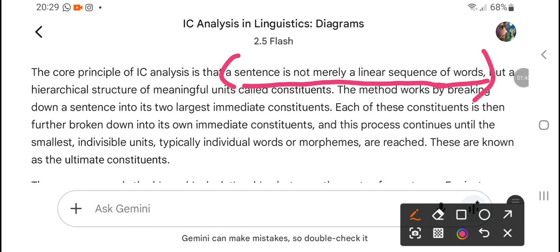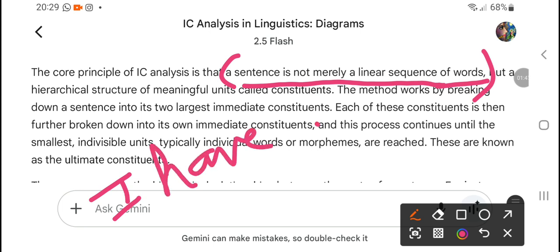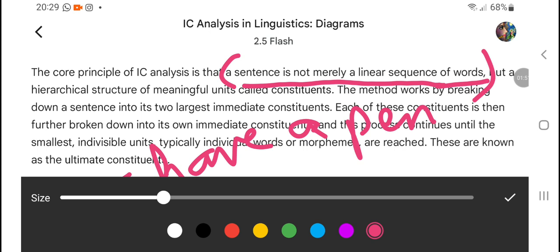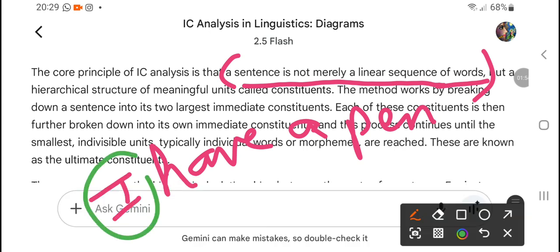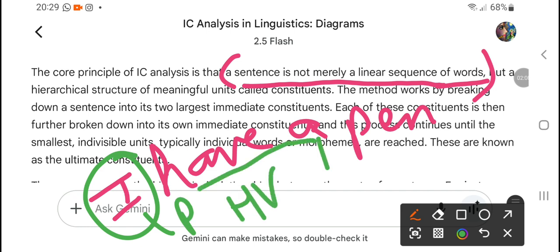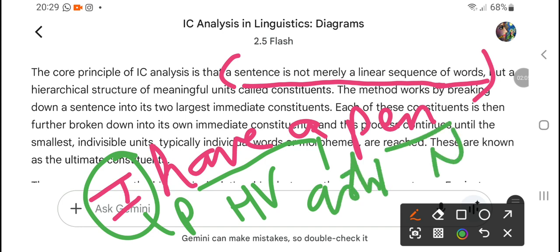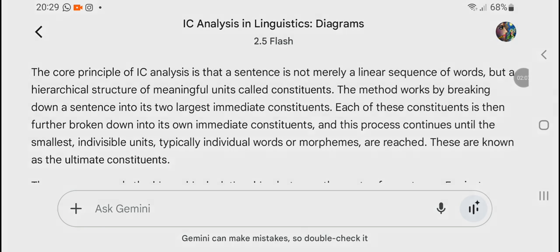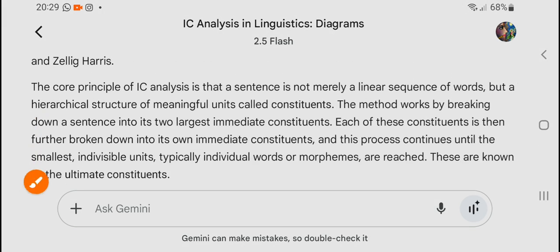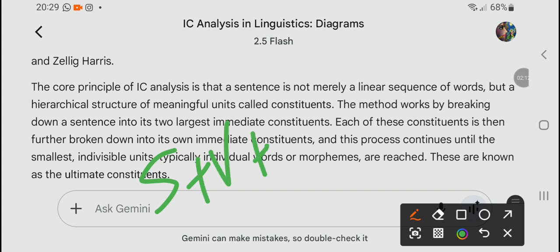Take the sentence "I have a pen." What they are saying is that the sentence is not just a pronoun, then a helping verb, then an article, and then a noun. It is not just this plus this, or subject plus verb plus object.